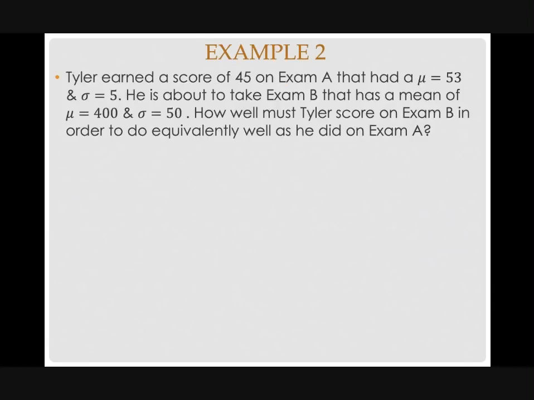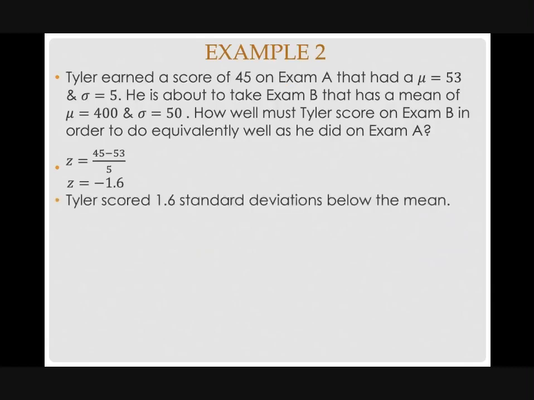How well must Tyler score on exam B in order to do equivalently as well as he did on exam A? So first we're going to determine his z-score. And his z-score for the first exam was negative 1.6. So Tyler scored 1.6 deviations below the mean.